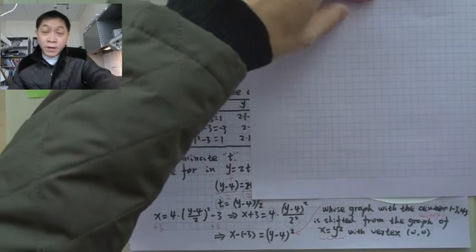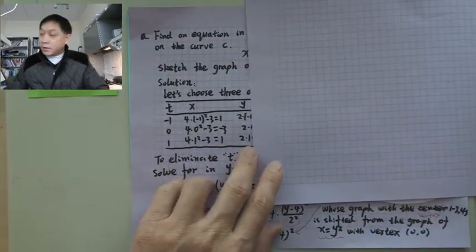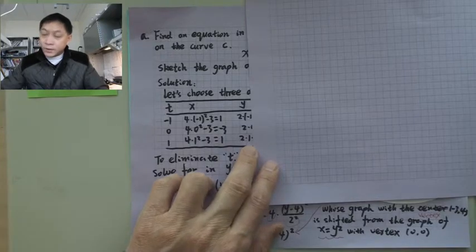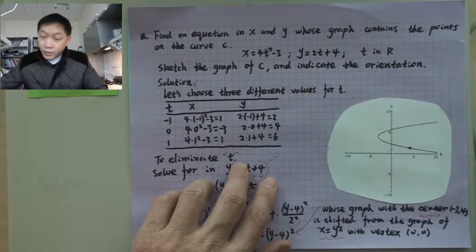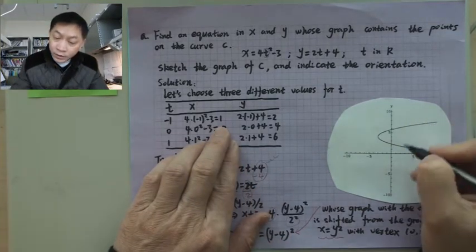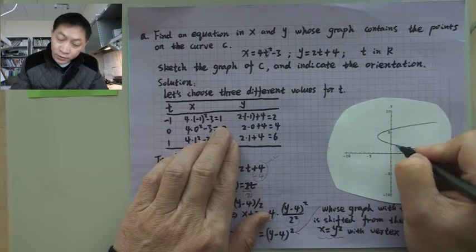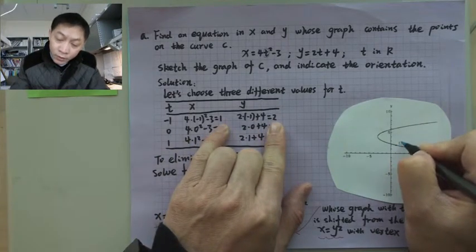Now we already have 3 points. Okay, what are those 3 points? Right here, the 3 points are 1, 2. x is 1, y is 2. So it's this one, you see? So here is 1, 2.